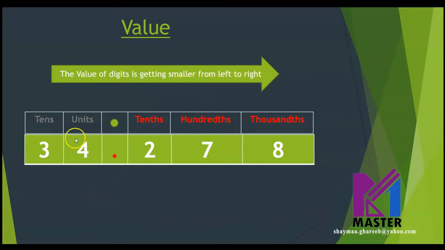What does this mean? This 3 is in the tens place, and the tens place here is the place with the biggest value. Then the units, and the units is smaller than the tens. Then the tenths place, which is smaller than the units.